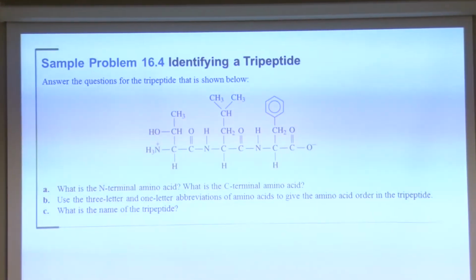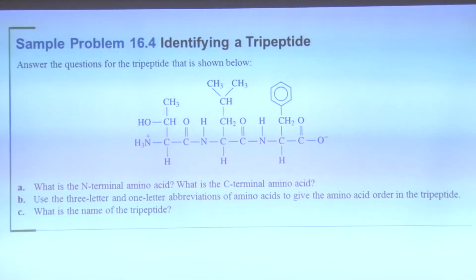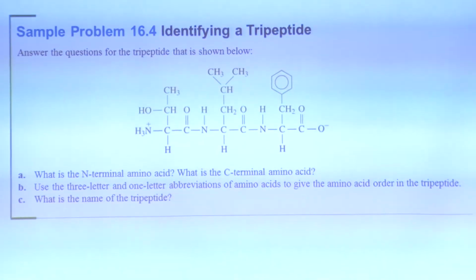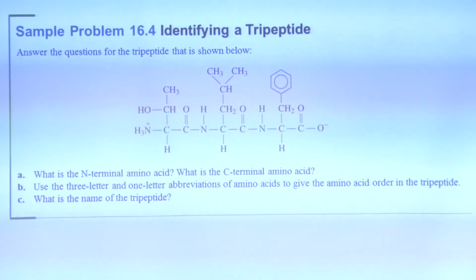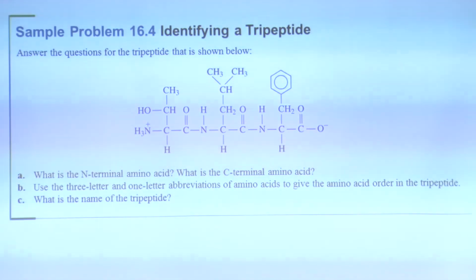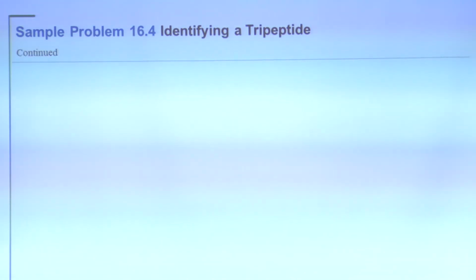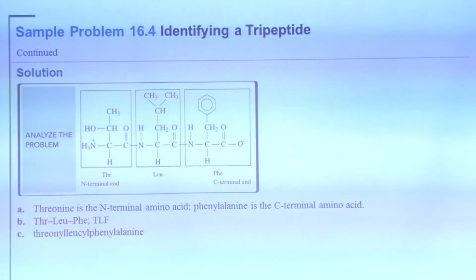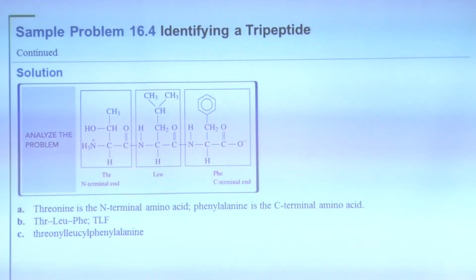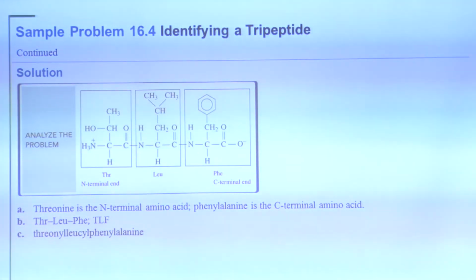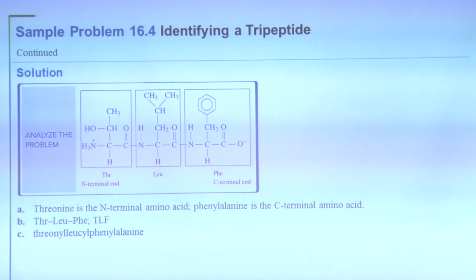Use the 3-letter and 1-letter abbreviations of amino acids to give the amino acid order and the name of the tripeptide. So the N-terminal is threonine. Phenylalanine is the C-terminal. And leucine is the amino acid in the middle.